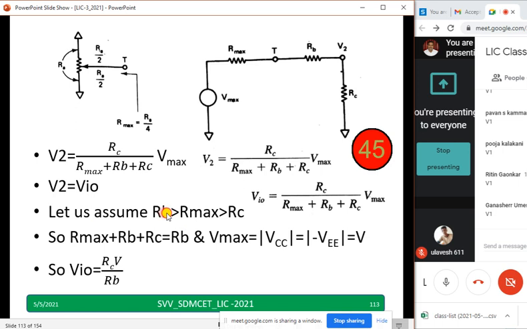If you assume RB's value is high compared to RC and R max, then the equation reduces to RC only, RB only. Then I can write RC divided by all these equal to RB only into V max. V max may be plus VCC or minus VEE.